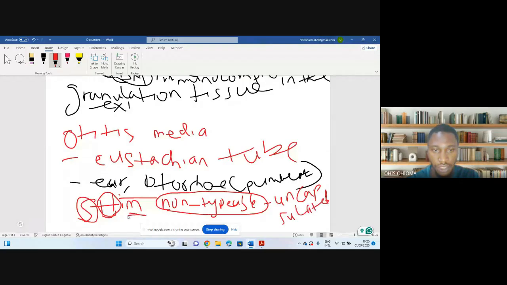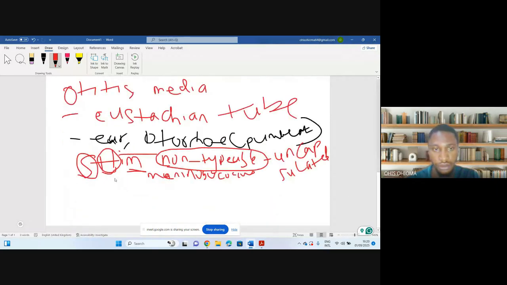And then we have the Moraxella. So those three organisms cause otitis media, right? Of course, you treat them according to the causative organisms. The antibiotics you're going to use will be directed against the organism that causes the otitis media.